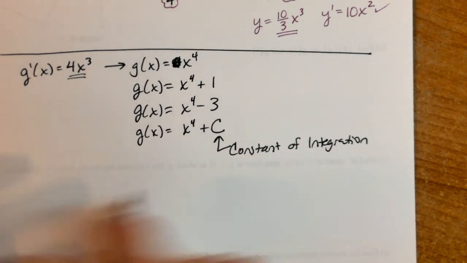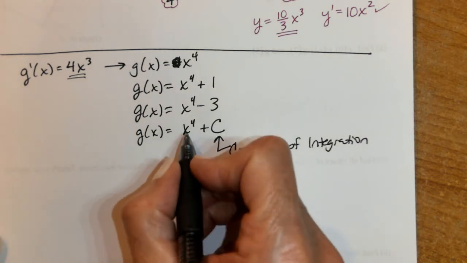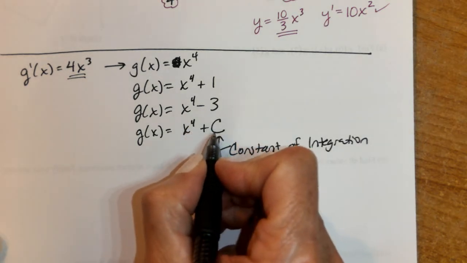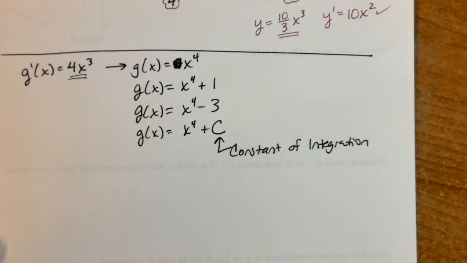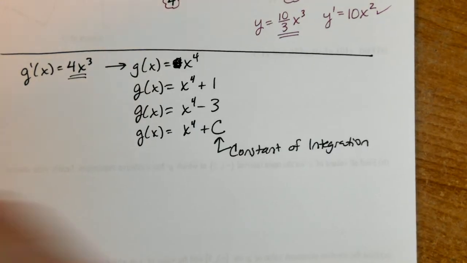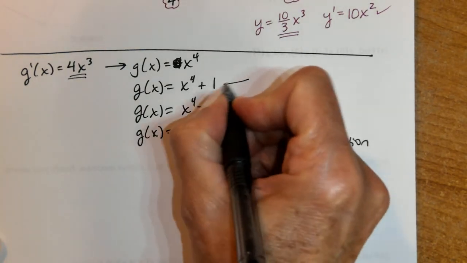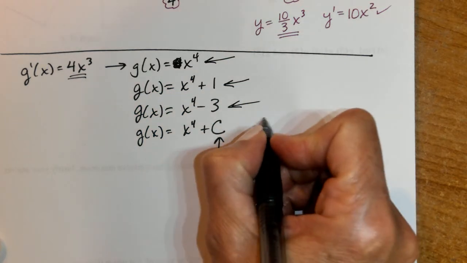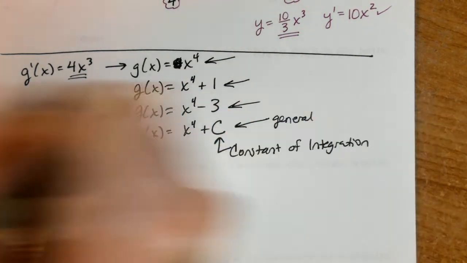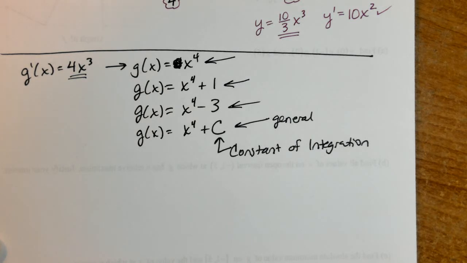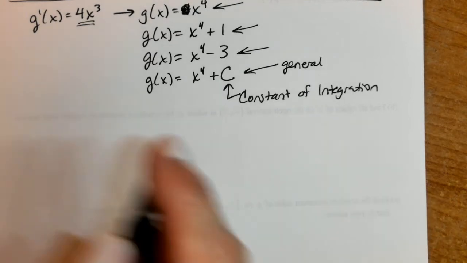So these are antiderivatives. So x to the fourth plus c is the antiderivative of 4x cubed. Okay? Each of these is an antiderivative. This one is called the general antiderivative.